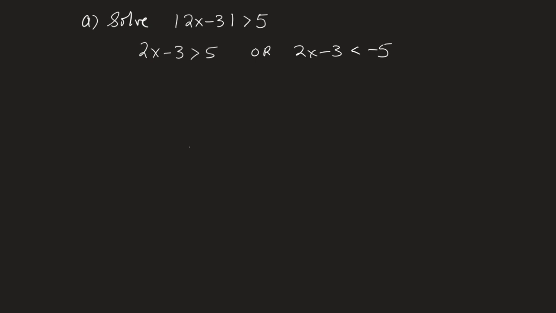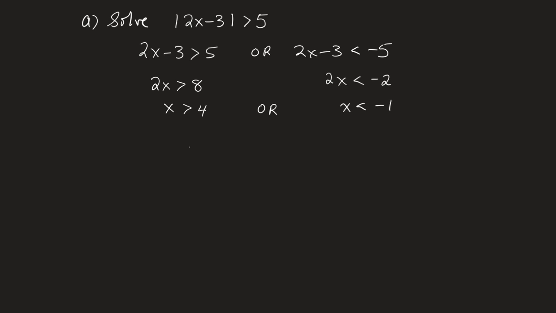So for the first one, I get 2x is greater than 8. Divide both sides by 2, and x is greater than 4. And for the second one, I get 2x is less than minus 5 plus 3, which is minus 2. Divide both sides by 2, and x is less than minus 1.